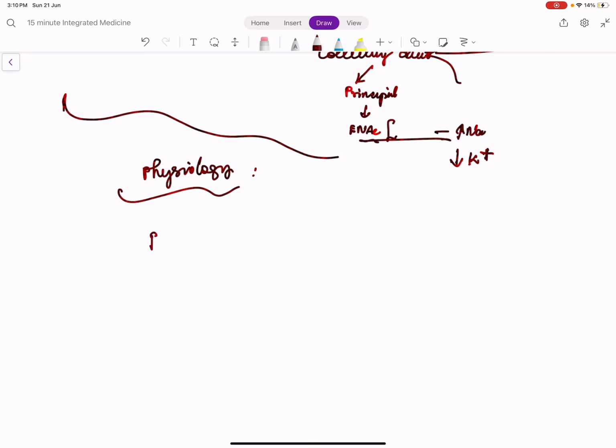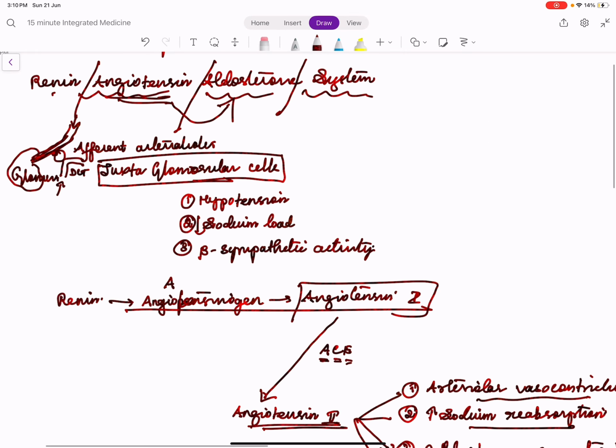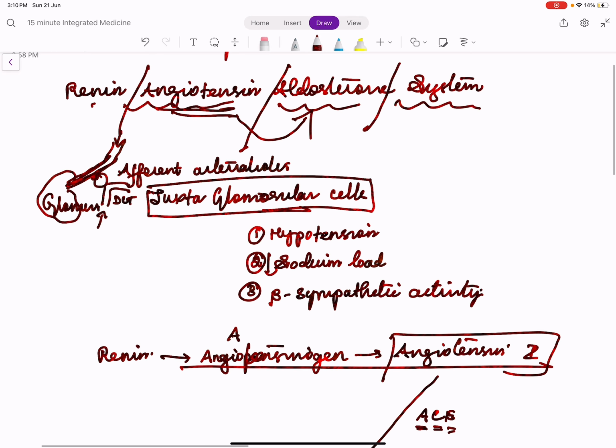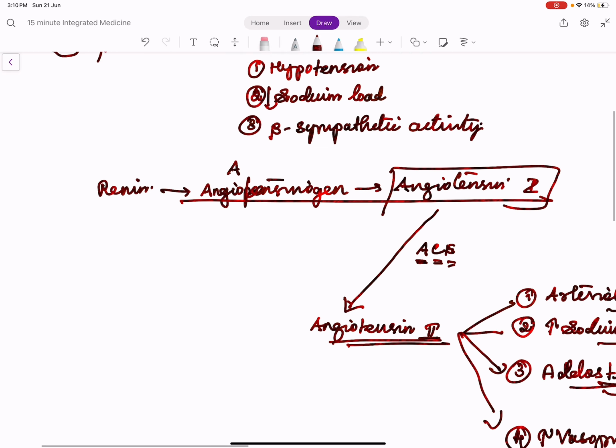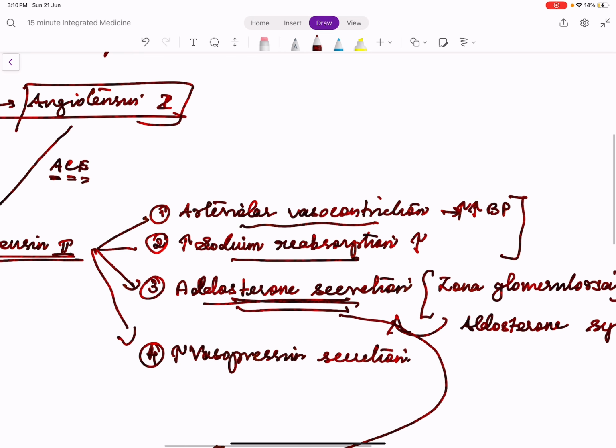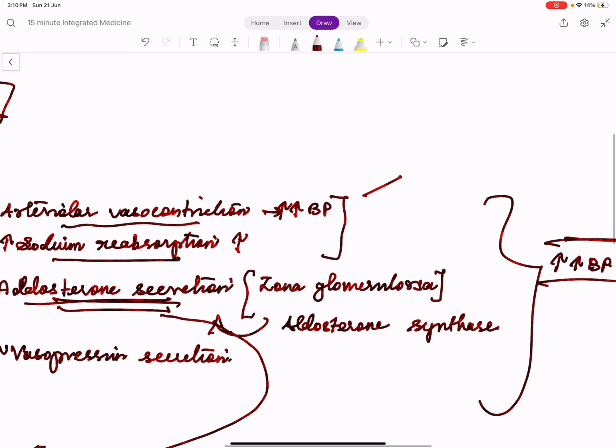Now what happens when this becomes pathological? When there's an abnormal activation of this process, we can very well see BP will increase, sodium absorption will increase. So dysregulation of this renin angiotensin aldosterone system is one of the reasons causing essential hypertension.